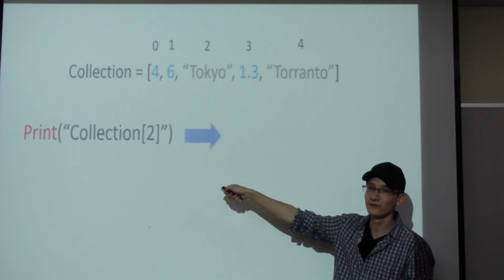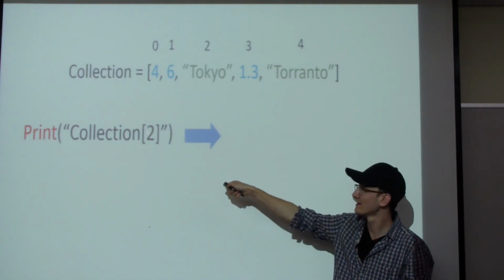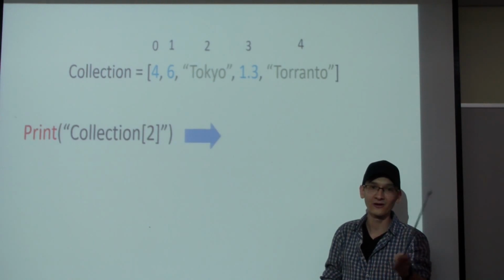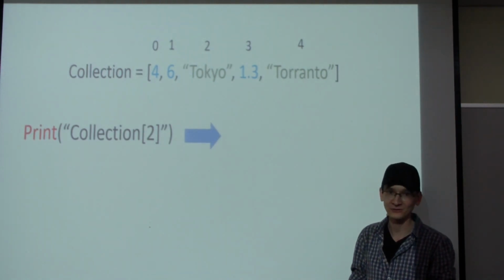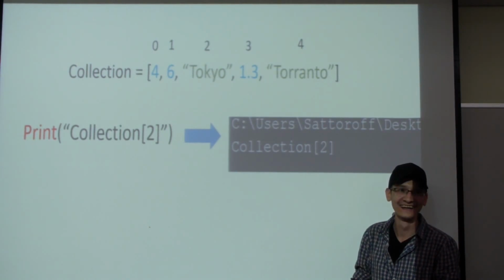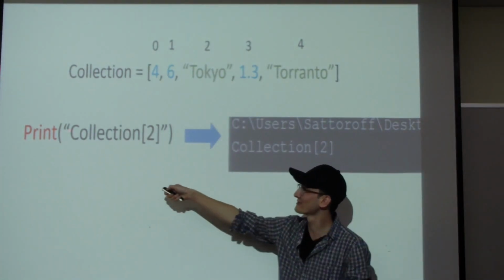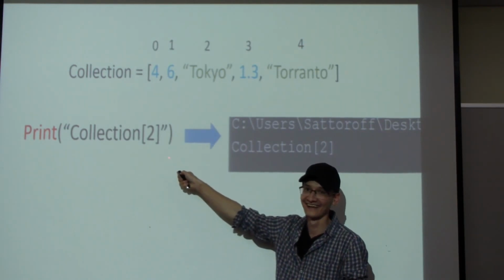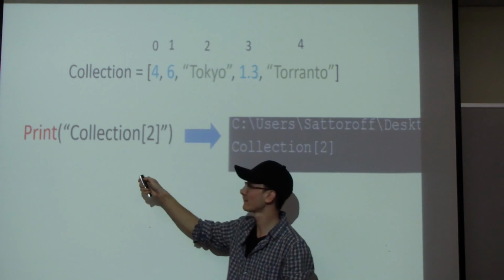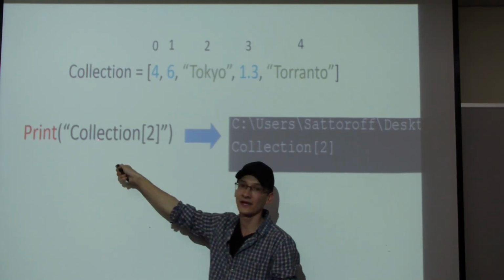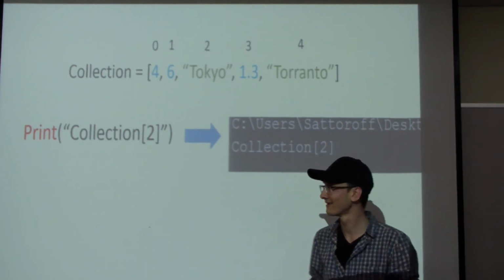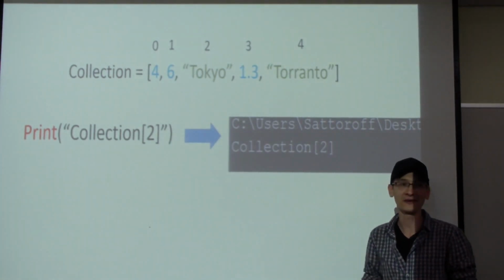Just Tokyo, from the collection list, the second element. If we put collection 2 in quotes, it prints collection 2, because it's a string. If we erase this and type hello in quotes, it will print hello. So don't be confused.